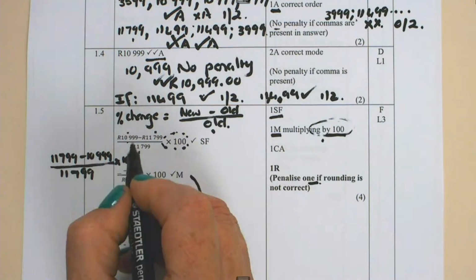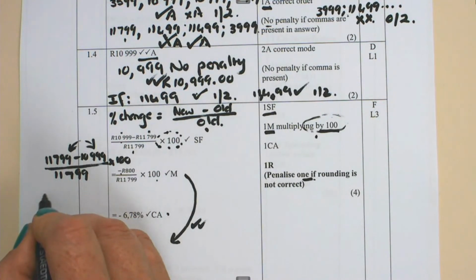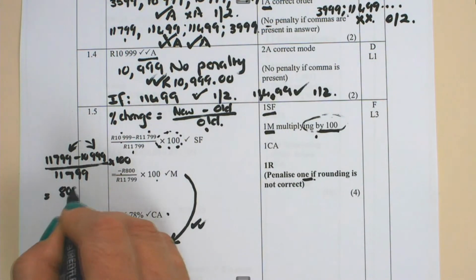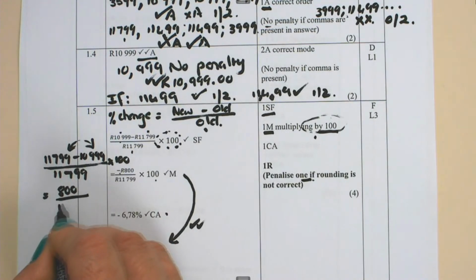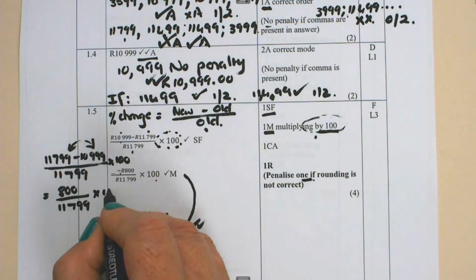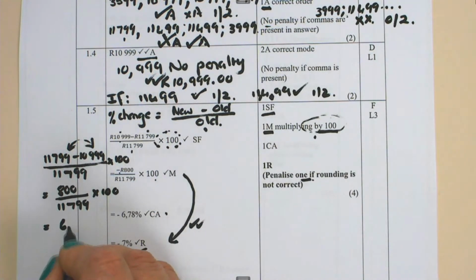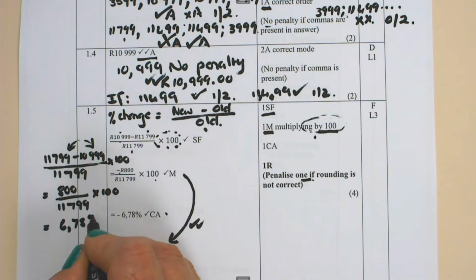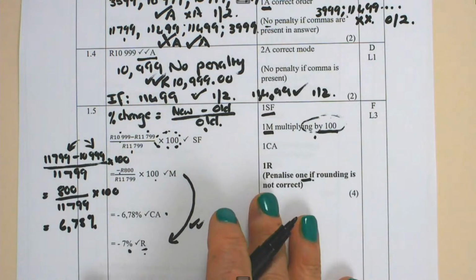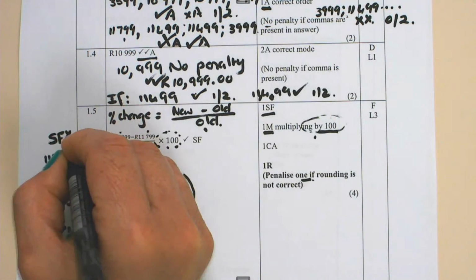So, if they swap these two values around, they will have a positive value of 800, and they will divide it by 11799. They will multiply by 100 and they will have a positive value of 6,78%.